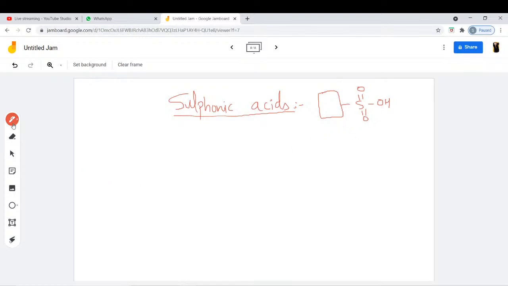For example, take benzene. Why am I taking the aromatic compound directly? Because this acid is very famous. Benzene and S double bond O, S double bond O, OH. Its name is benzene sulfonic acid.